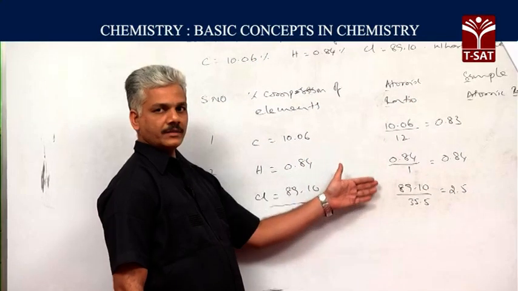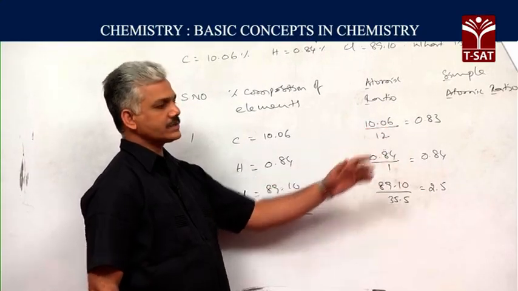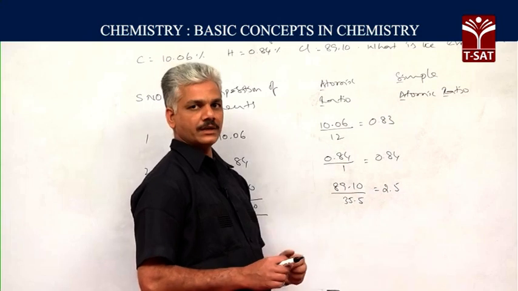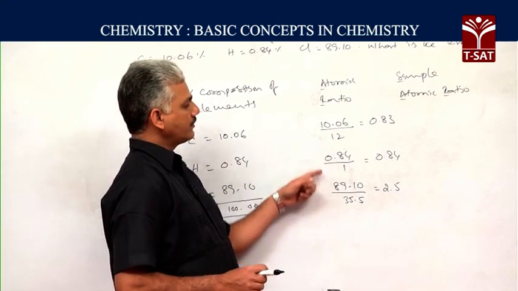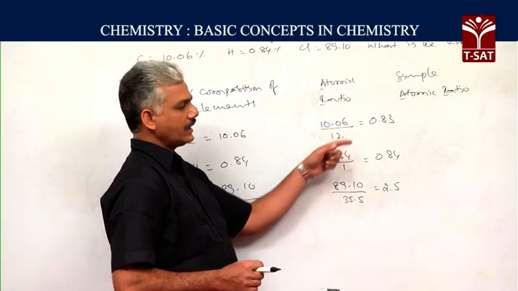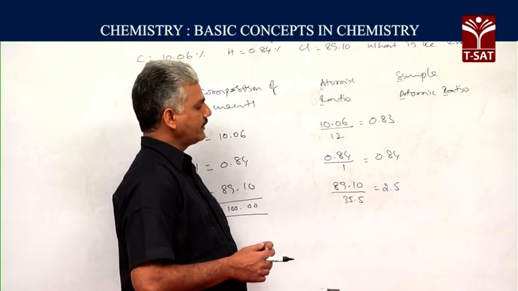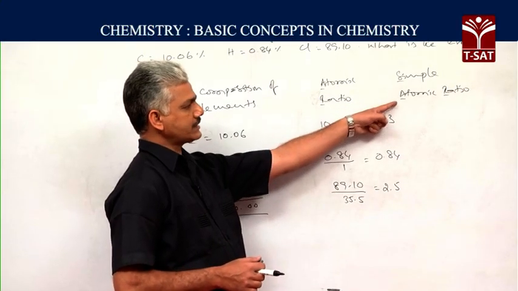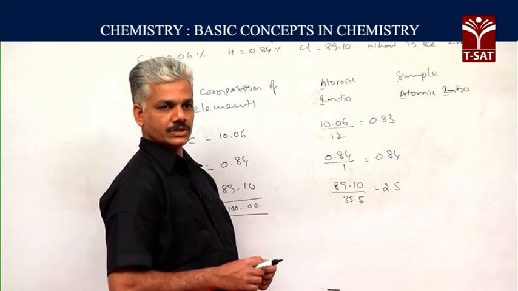Once you get the atomic ratio values, you can proceed to the next stage, that is calculation of simple atomic ratio. In the atomic ratio, you will come across various values. Select the least value and with that divide all other values. The ratio obtained is called a simple atomic ratio.